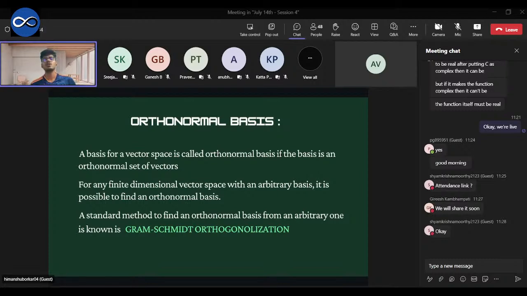Orthonormal basis. Okay, I talked about basis last time. I'm not sure if everyone got what I tried to say, but what basis really means is that if you have a vector set, it can be of any vectors, and I would like to find some fundamental vectors, some vectors which are unique, right?